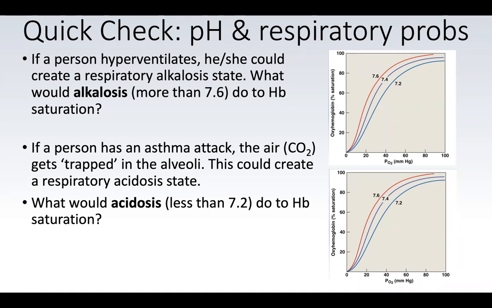Alkalosis, root being alkaline, represents an increase in pH, so more than 7.6. And then acidosis, it's a state of blood in which pH has decreased significantly, and that would be less than 7.2.